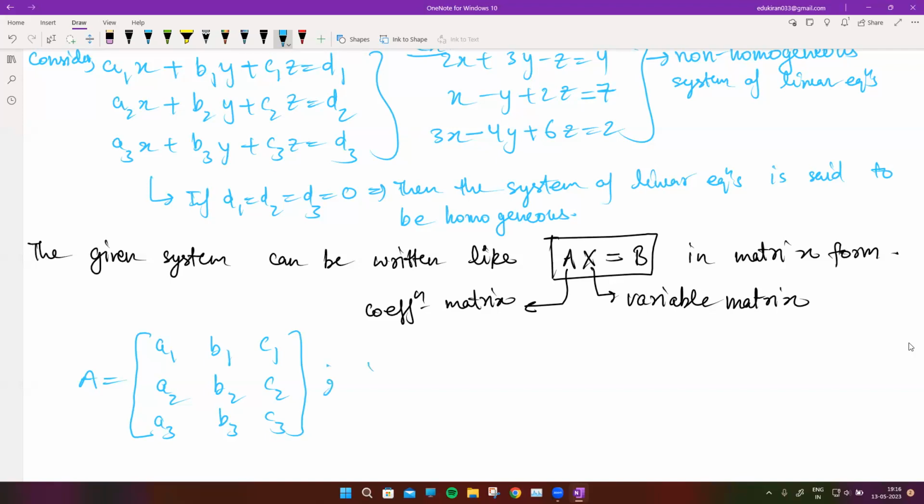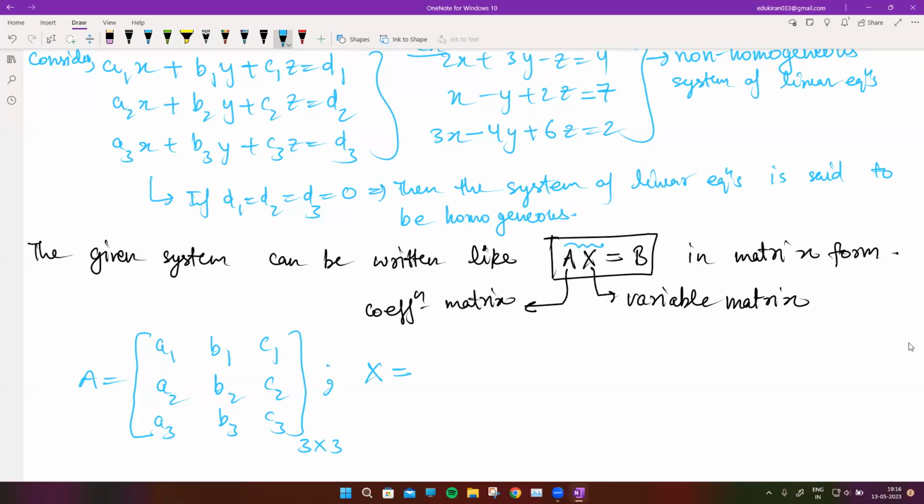Then, as I said, X is a variable matrix. Now understand, I have multiplied A and X here. You know, when can you multiply two matrices? To multiply two matrices, the number of columns in the first matrix should be equal to the number of rows in the second matrix.